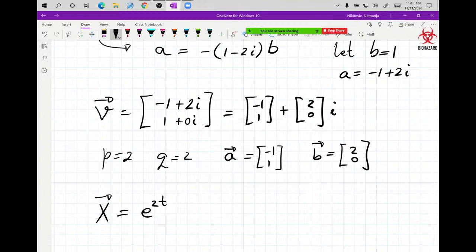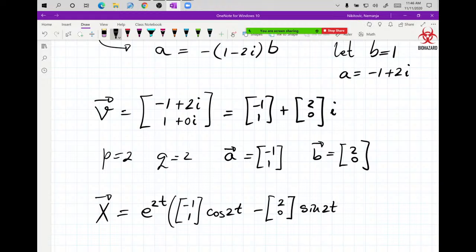a, which is negative 1, 1, there we go, times the cosine of qt, which is 2t, and then you have minus your vector b, which is 2, 0, times sine 2t.